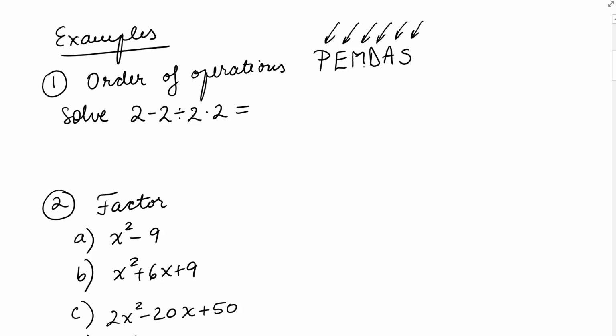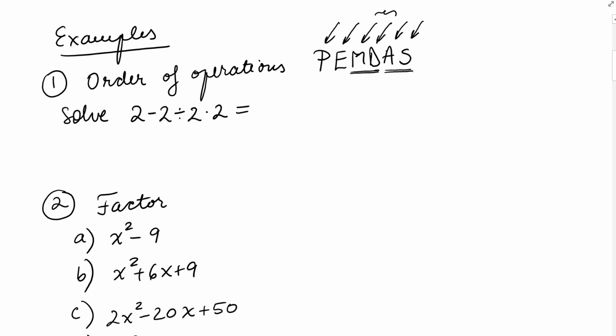But the fact that M is before D does not mean that we do multiplication before division. M and D, multiplication and division, are the same category, and so we will do them in the order they come. If I have a division before multiplication, I'm going to do the division.